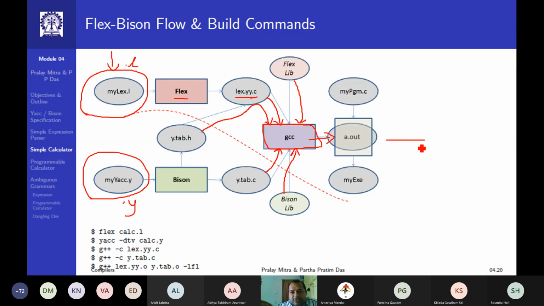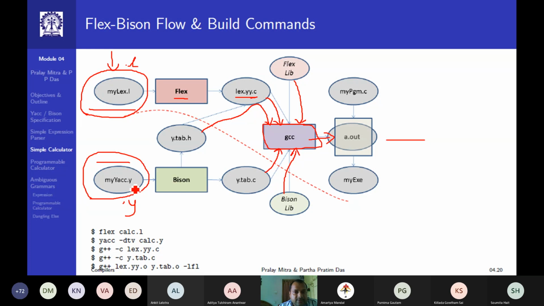Now what is the role of this executable file? As of now, as part of compiler design, I have done two steps: designing the scanner or lexical analyzer and designing the parser.